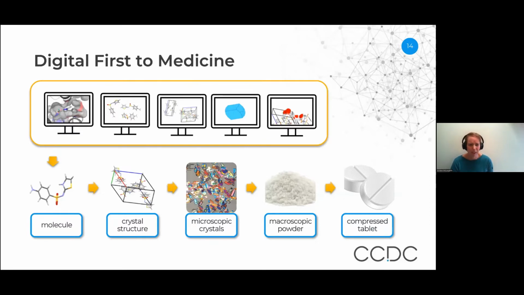So you can generate all of your conformers, look at your crystal structures, but you can also start looking at how well this is going to crystallize, what the form of the crystals is going to be like, what the surface properties of the crystals are going to be like, and how well it is going to compress into a tablet. You can identify where the issues will be for the bench-side chemists, and whether you want to go forward with the chemistry based on the issues you're going to face later.